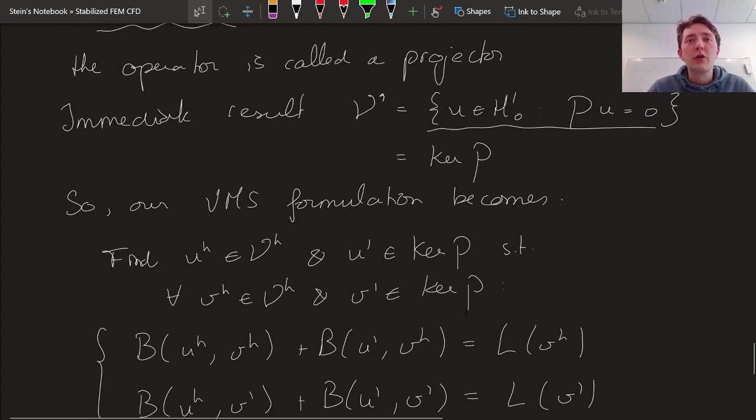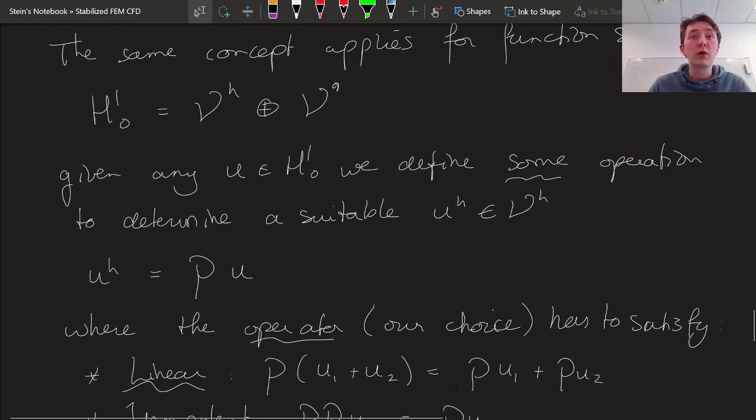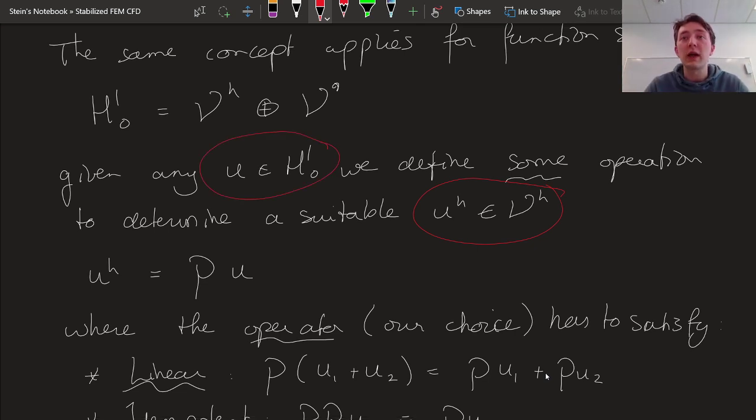The results that we can already immediately see is, first of all, we have a choice of projector, and that means that we get to choose, as numerical analysts, what we find to be a suitable approximation UH in our approximation space for any given function. We get to pick a suitable operation that gives us a nice approximation for any possible function.